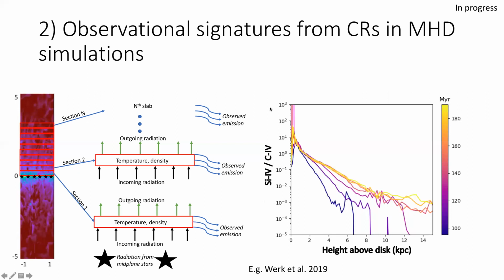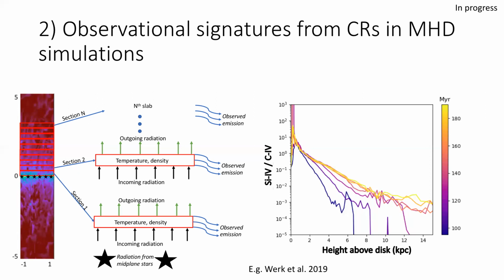This is a lot of work that's in progress, but for example, we can look at some recent observational results, such as Jess Werk's 2019 paper on the silicon IV to carbon IV line. In this case, I analyze the simulation using this framework, and we can see that closer to the disk, the line ratio is high, and then it decreases as we get higher above the disk.